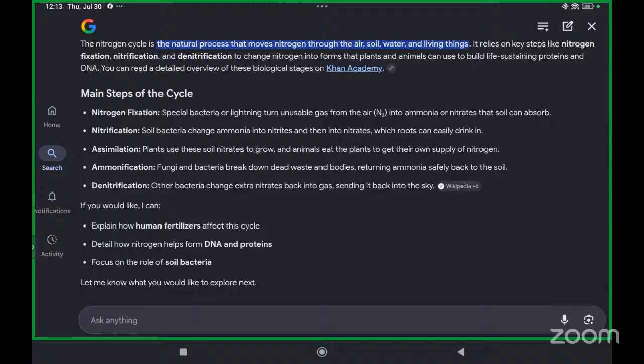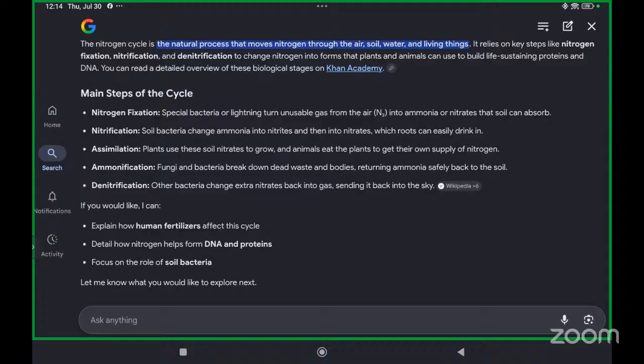Now, the plant roots can absorb it from the soil, and it helps the plants grow. Nitrogen helps the plants grow, and animals also. Suppose a goat eats the plant, it gets into the goat. When a cheetah or a carnivore eats the goat, it goes into the carnivore.